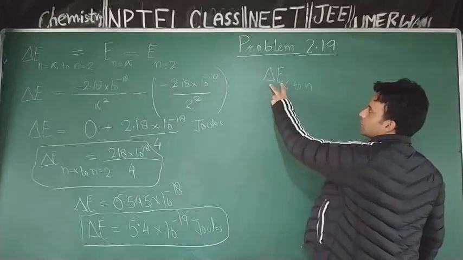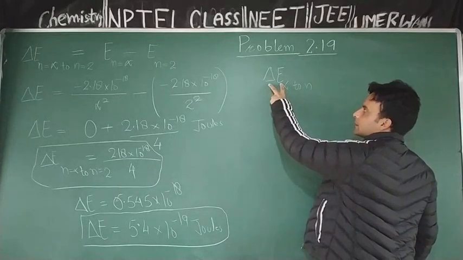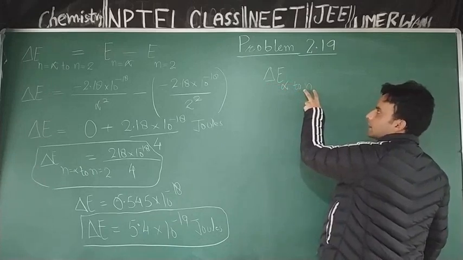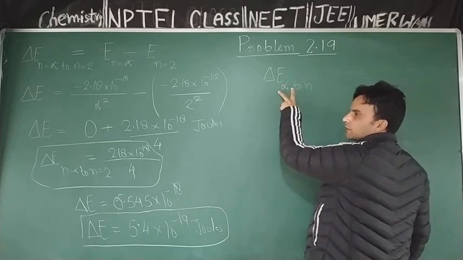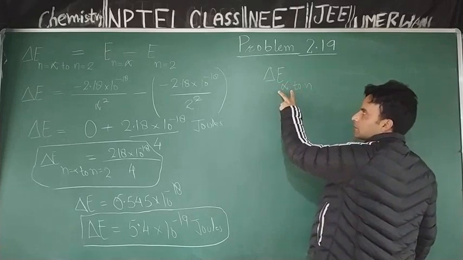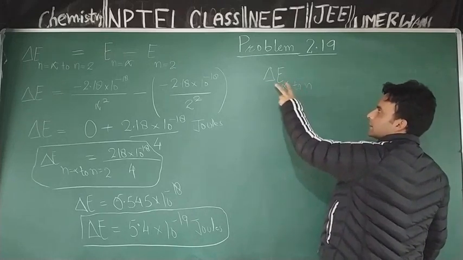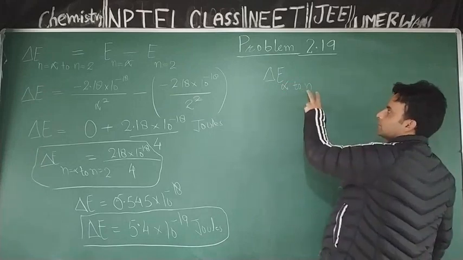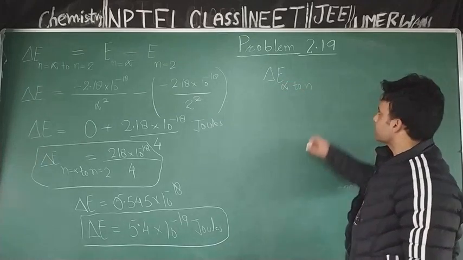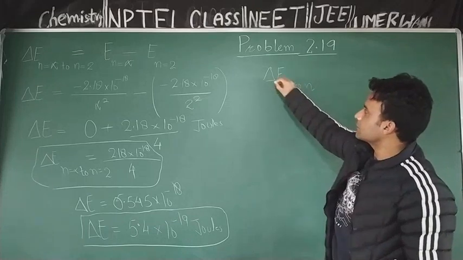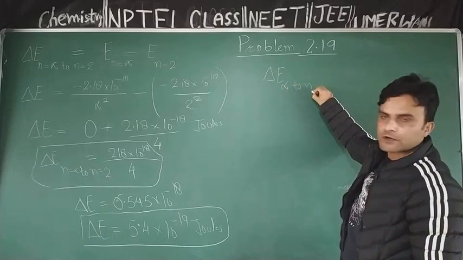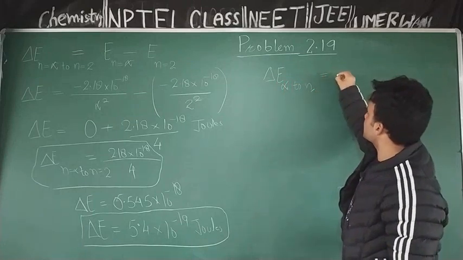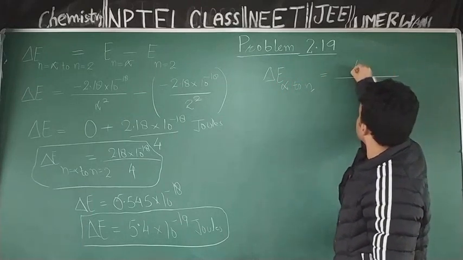This is the energy that we have to provide in order to take an electron from nth orbit of hydrogen atom to infinite orbit. I mean, this is the energy required to ionize a hydrogen atom in which the electron is present in nth orbit.